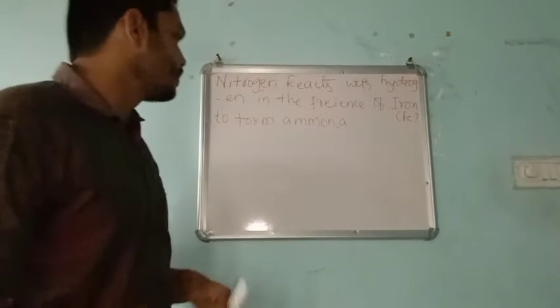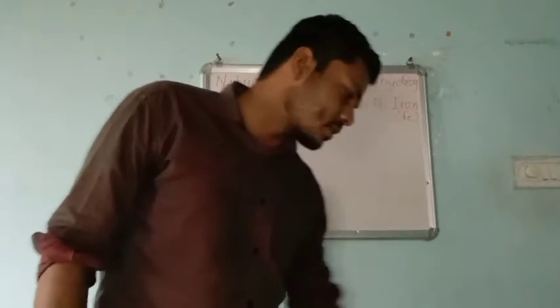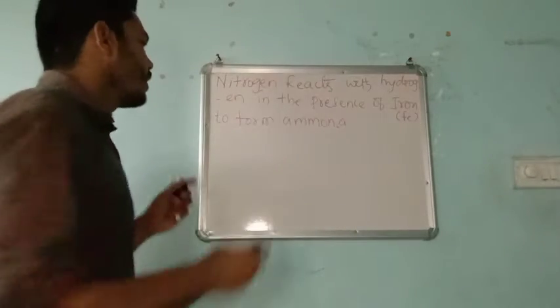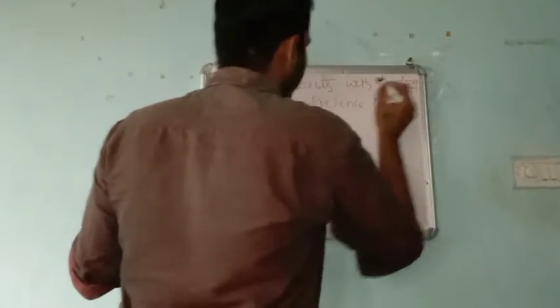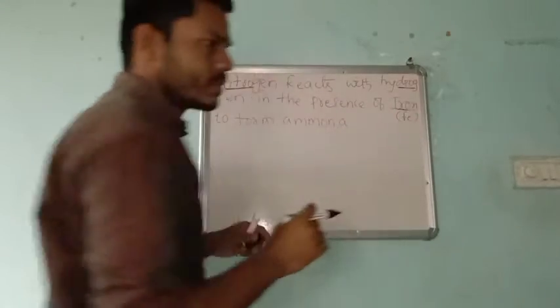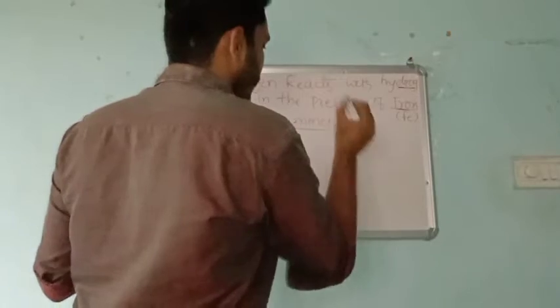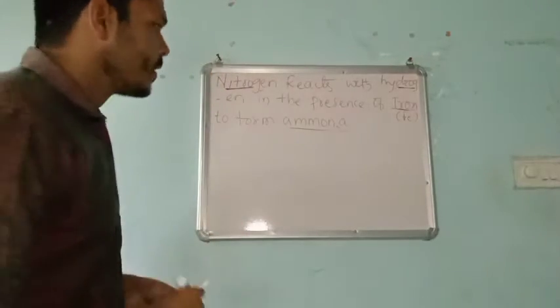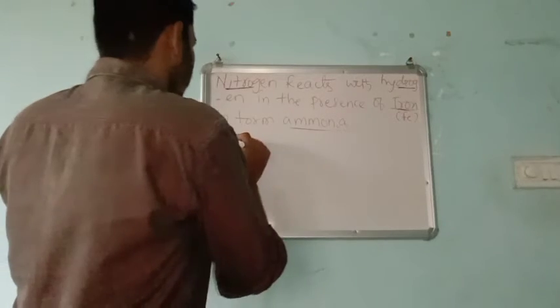In this, what they have given, we first try to understand that, and later we will go for the equation. So they have given nitrogen, hydrogen, right? And there is iron, and there is ammonia to form. That means our reactant part consists of what?